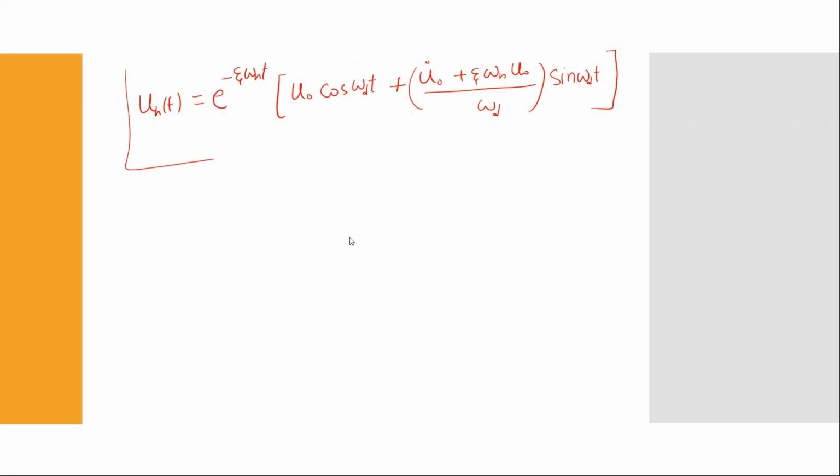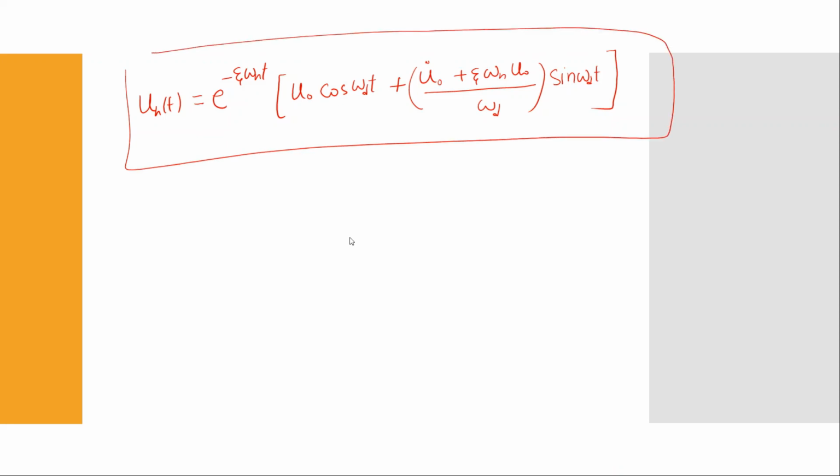So this is our general solution for this equation when xi is between 0 and 1, meaning underdamped cases, because xi is between 0 and 1.